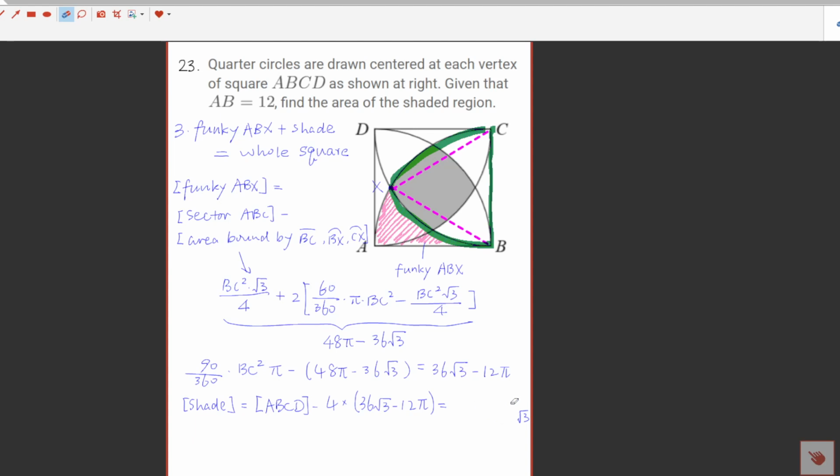In the first sentence, isn't it like 4 funky ABX plus the shade area? Yeah, sorry, there's a typo here. That should be 4, right? Not 3.